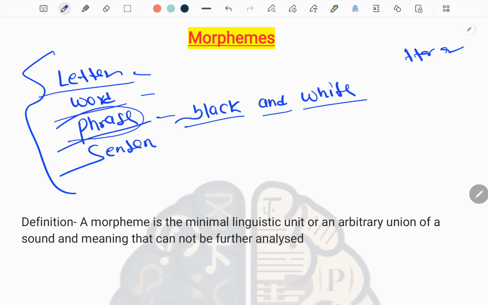We also have some more examples like at daggers drawn or at enmity with. These are words, but when they are combined with each other they form phrases.